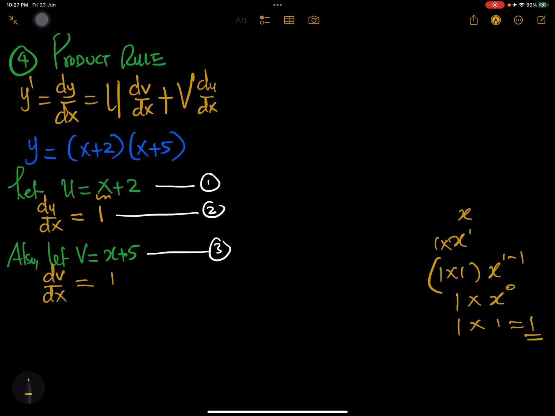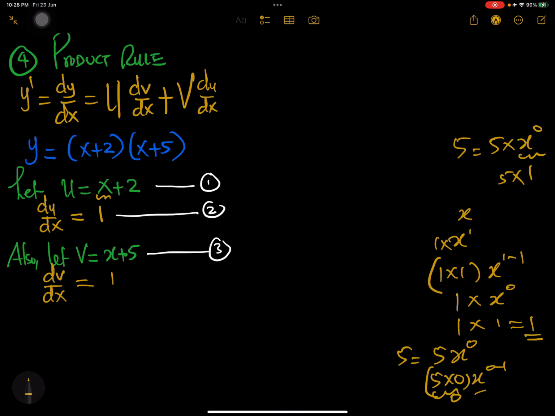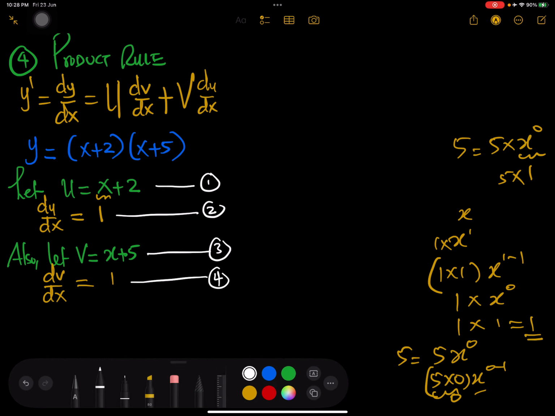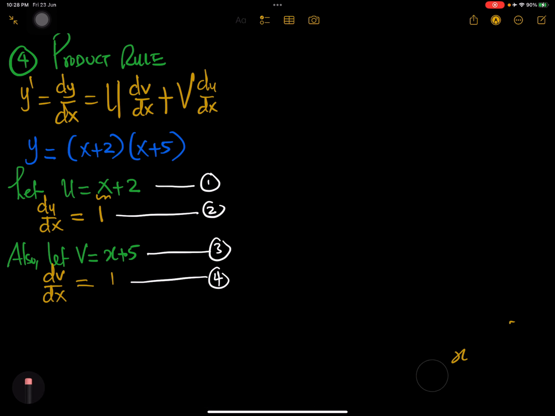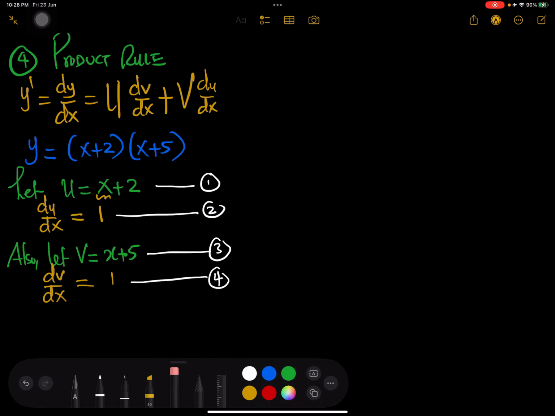The 5 there is the same as 5 times x to the power 0. We multiply the 0 by the 5 and get x to the power 0 minus 1, but this is 0, so everything becomes 0. So we have 1 plus 0, which is 1. So dv/dx is equal to 1, and that is our equation 4.